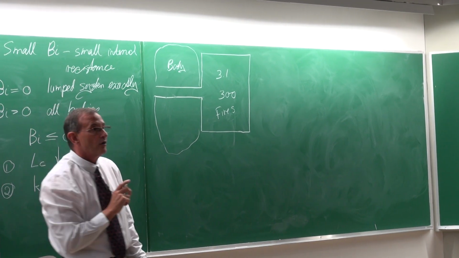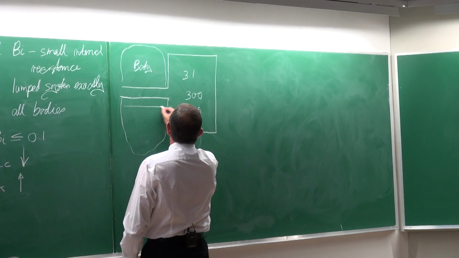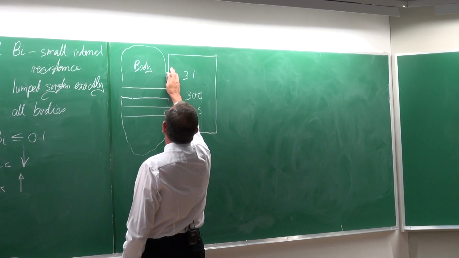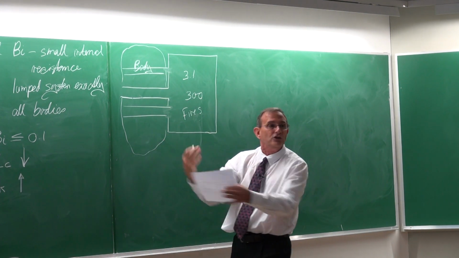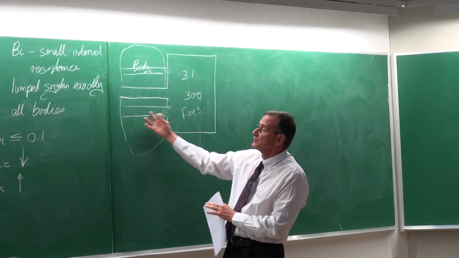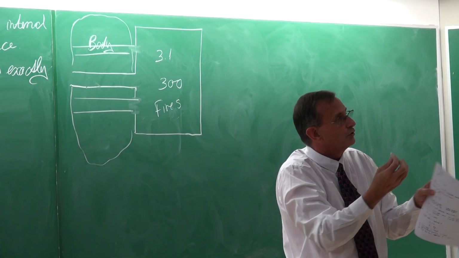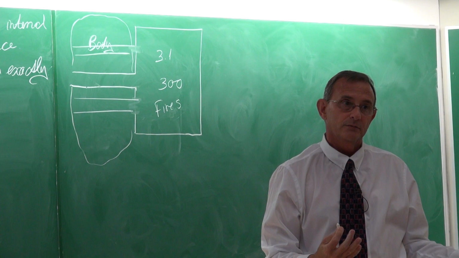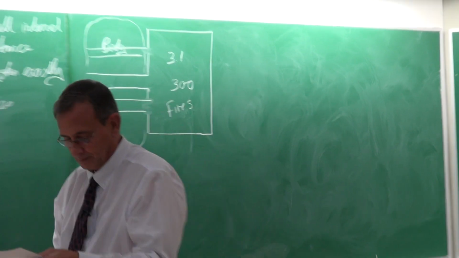But if we open all 3 of the other doors, the resistance will decrease, and you can move outside, into the other body, quicker. The resistance for you to go outside is much smaller. You understand? So it's very simple.